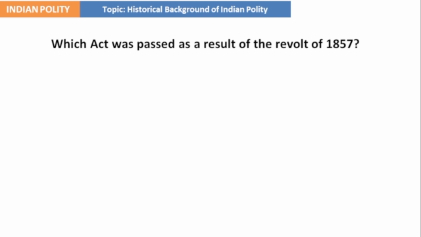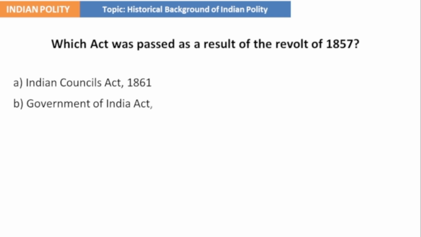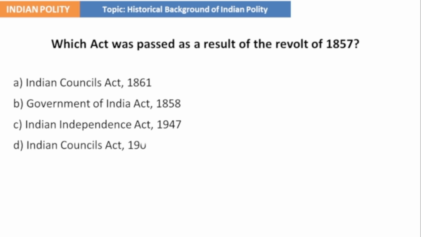Which Act was passed as a result of the revolt of 1857? And the answer is option B, Government of India Act 1858.